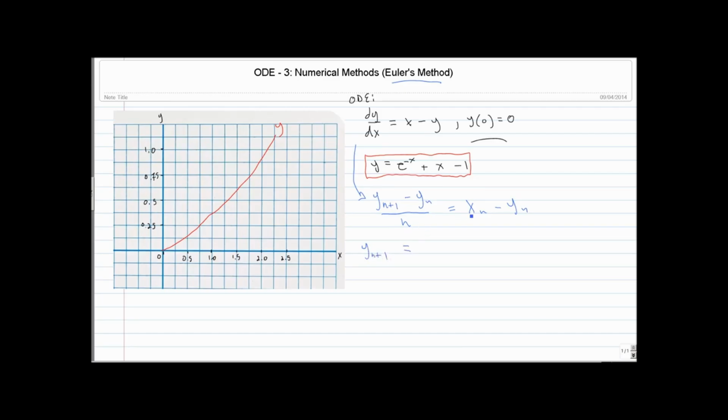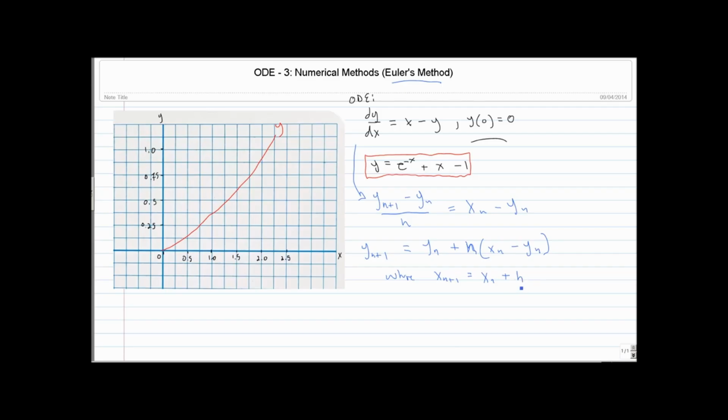Okay, so now if I multiply both sides by h and then add y sub n to both sides, we end up with something like this. This is Euler's method here. You can see that it makes sense. If we start at our initial condition, x is 0 and y is 0, we're going to march along the x-axis by increments of h.